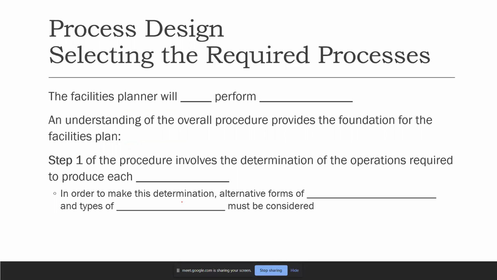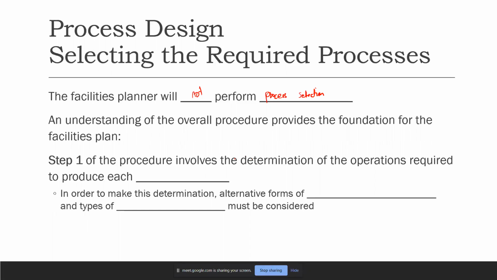So, kayo as facilities planner will not perform process selection. Ito po, guys, yung mga facilities planner, hindi po sila yung in charge sa process selection. Kumbaga, may dadatnan na kayong mga processes, and i-fit nyo na lamang yung facility dun sa mga existing processes.